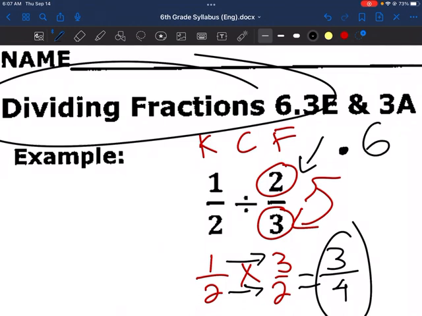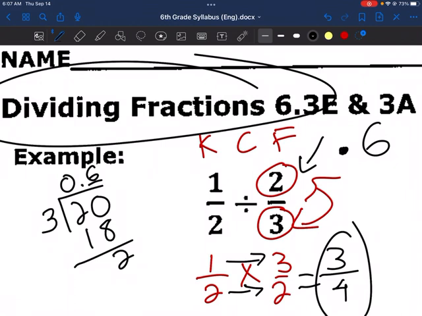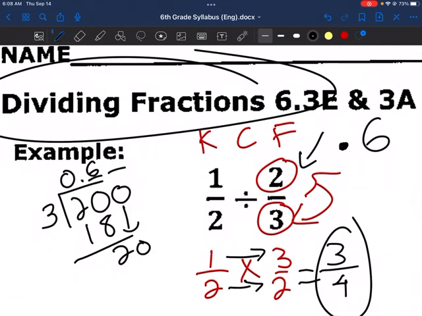It's going to go on forever to be 6. If you were to bring a 0 down, it'd be 6, 6, 6, 6, 6, 6. That's why we just put one little 6 and a little line representing infinity. Que siempre se va a ir para 6, 6, 6. So this is a decimal. This fraction. All fractions are decimals, chicos, unless they give you a whole number.